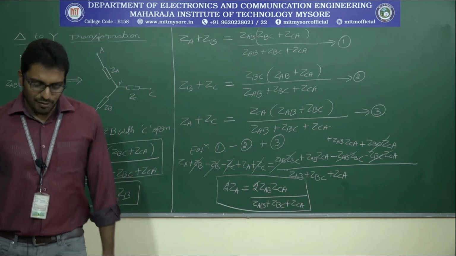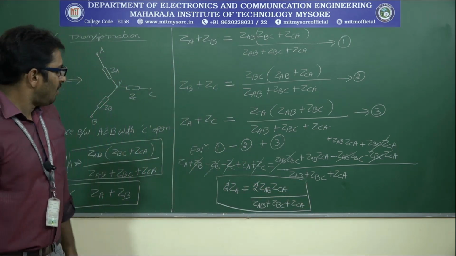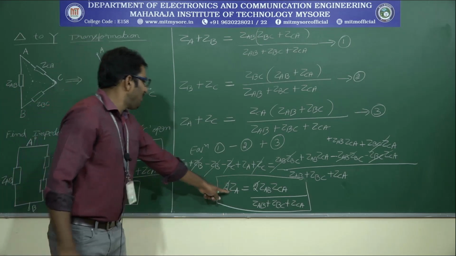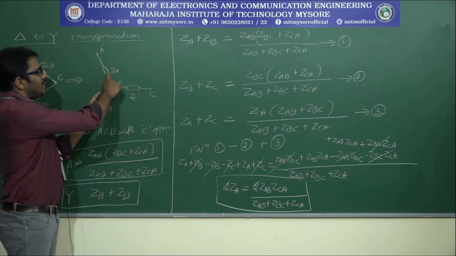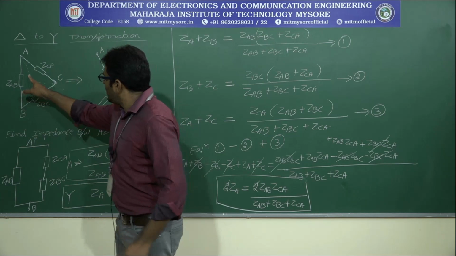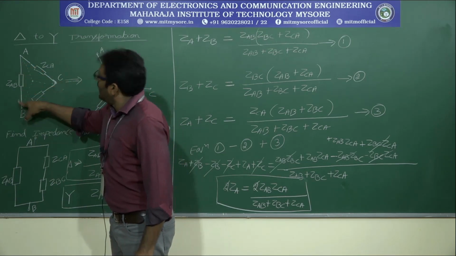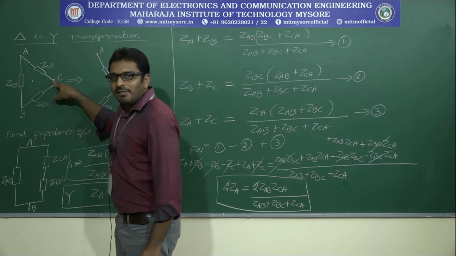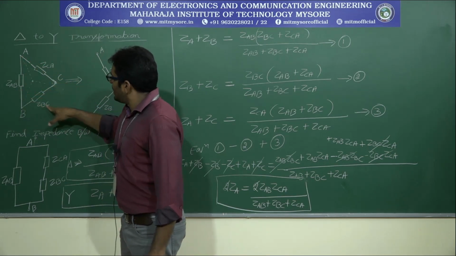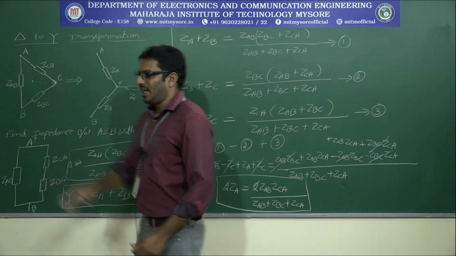Okay, this is the formula we derived to find out what is ZA. In order to find out ZA, ZA is equal to ZAB into ZCA divided by ZAB plus ZBC plus ZCA.